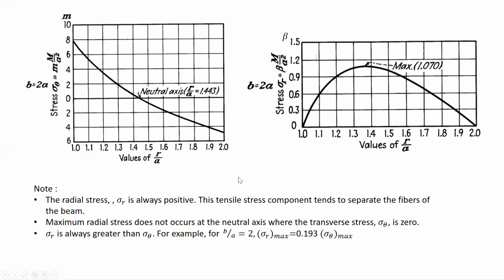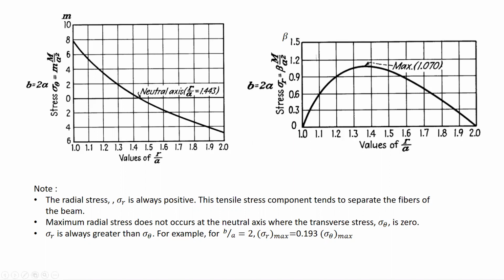One of the things to note, though, is that the radial stress, sigma r, is always positive. And the maximum stress does not occur on the neutral axis, but rather at a certain distance from the center.